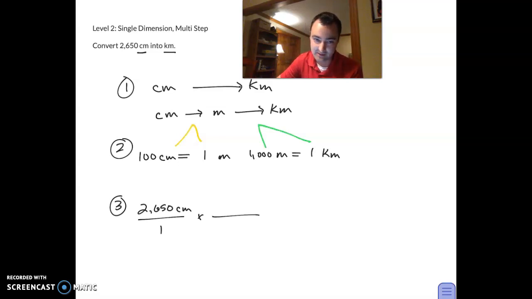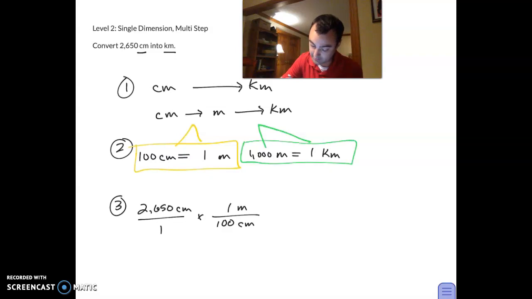Okay, so 2,650 centimeters need to be converted to meters. So we're going to use this conversion factor set up in a way that allows you to cancel centimeters. And then separately, the next problem is to set it up so that you cancel meters. So the 1,000 meters goes on the bottom, and the 1 kilometer goes on the top.